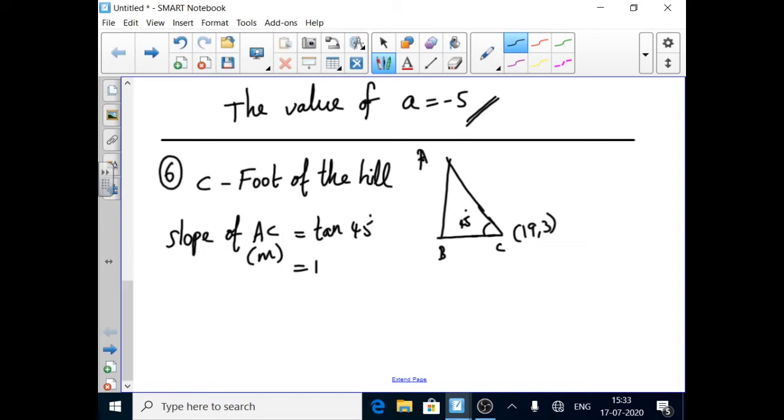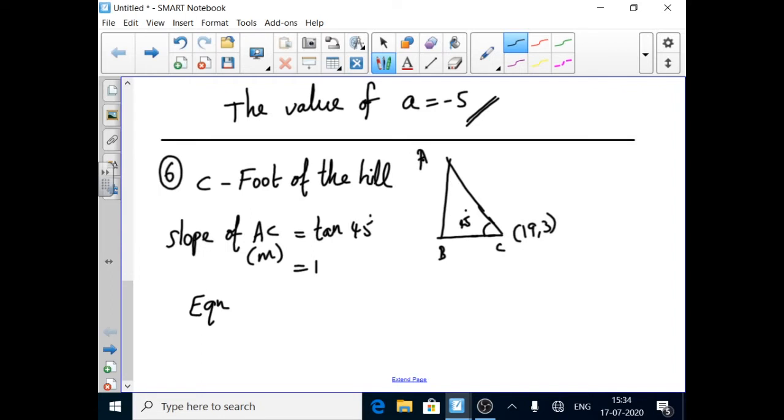Next, the equation of AC, whose slope is 1 and passing through the point (19, 3), that is the foot, and the equation of the hill, that is joining foot and top. Here the question they have given, isn't it? So the foot and top here we take: the top is A and the foot we denote by C. So the equation of AC here we want to find out.